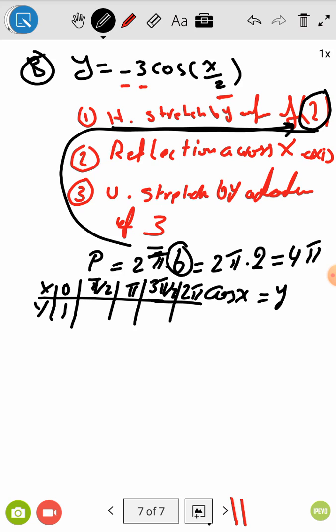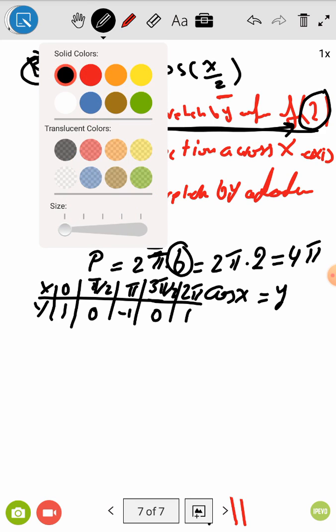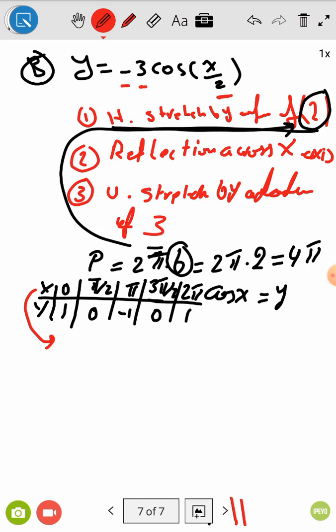But the startup is 1, 0, negative 1. You have to memorize it. We did it a lot. 0, and finally 1. Now do the transformations on the table. Let's do them on the table. Again, here the horizontal, here the vertical. So we multiply by 2.